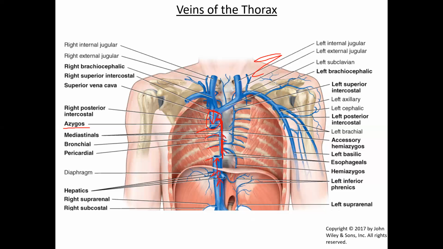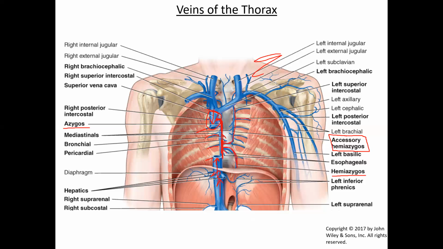They are the hemiazygous, which is here. There's your spelling, hemiazygous vein, which is at about rib 8 and below. And then the accessory hemiazygous vein, which is here. Accessory hemiazygous. That's going to drain your veins that are above rib 8, sorry.